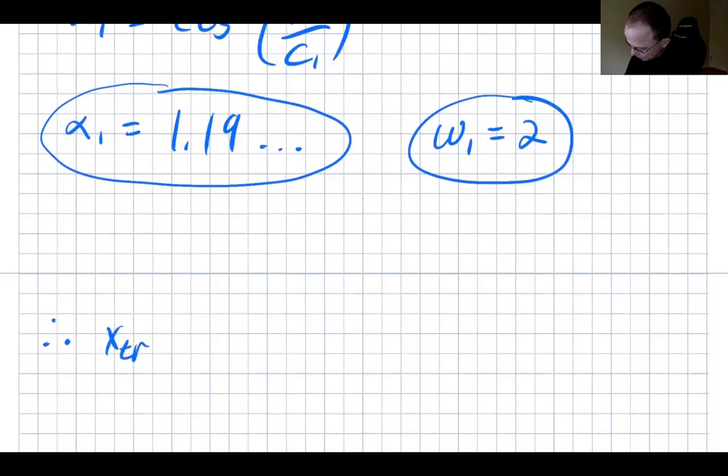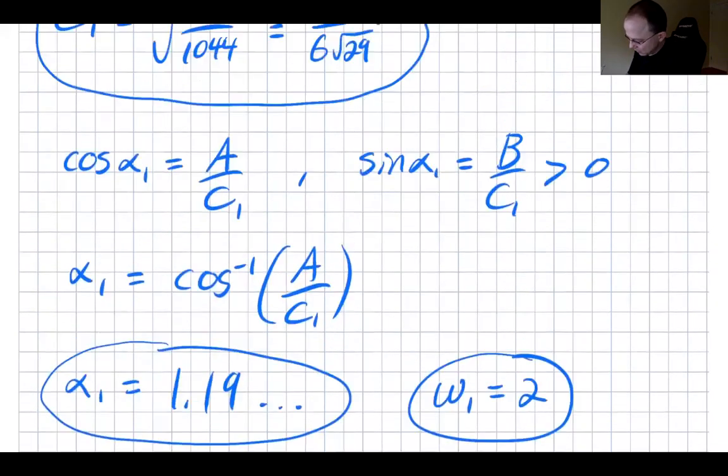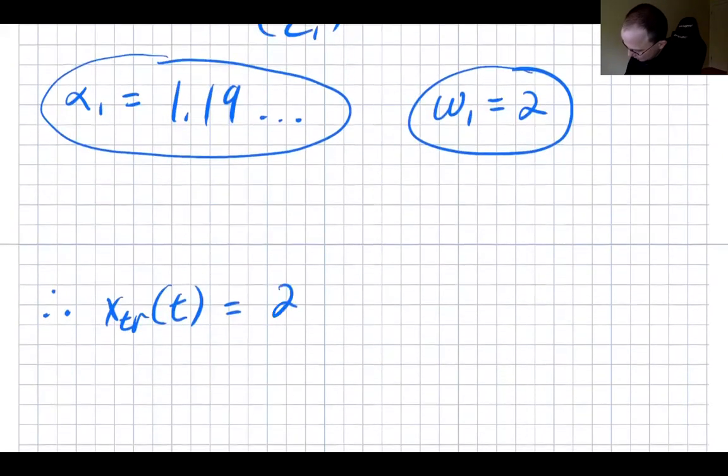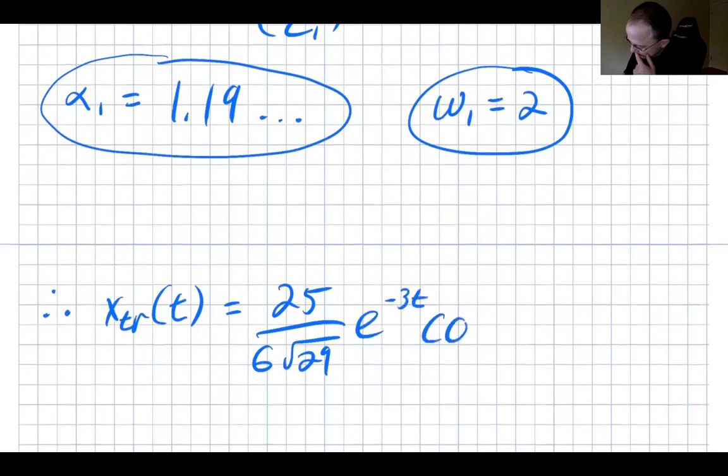Okay, so therefore, the transient solution is going to be C1, 25 over 6 root 29 times, I need that exponential term in there too. And then cosine of 2t minus alpha 1.